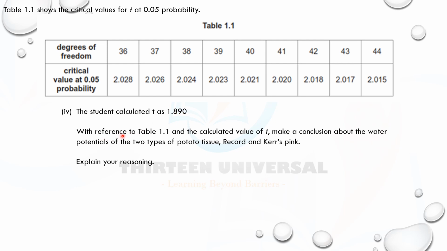They say, with reference to table 1.1 and the calculated value of t, make a conclusion about the water potentials of the two types of potato tissue, Record and Caire's Pink. Explain your reasoning.